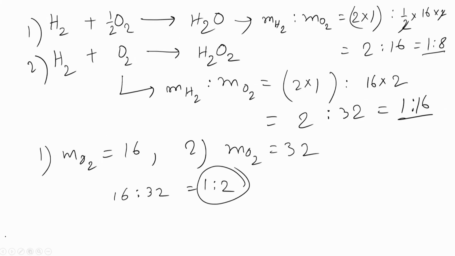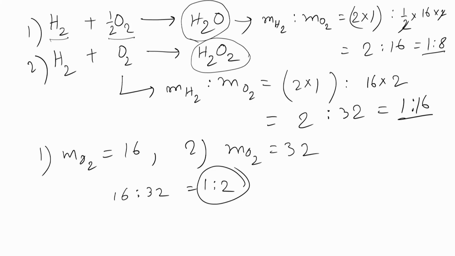So, we had discussed certain examples. Let's say hydrogen and oxygen combine to form two compounds, one is water and another is hydrogen peroxide. In these two reactions, the mass of hydrogen was fixed.